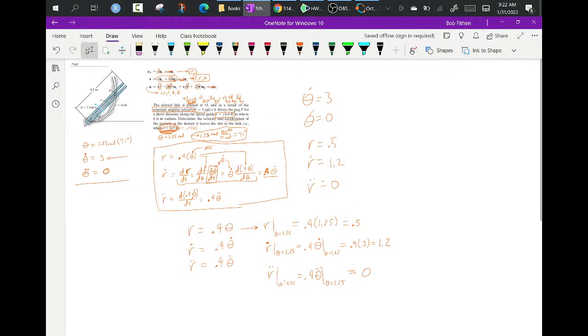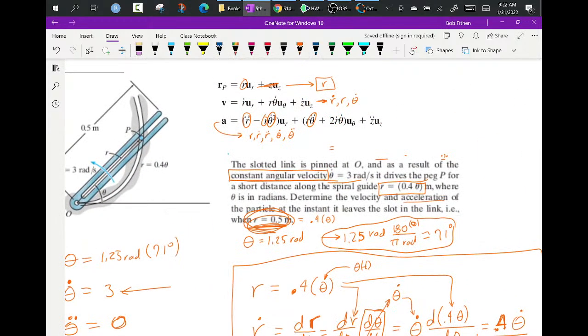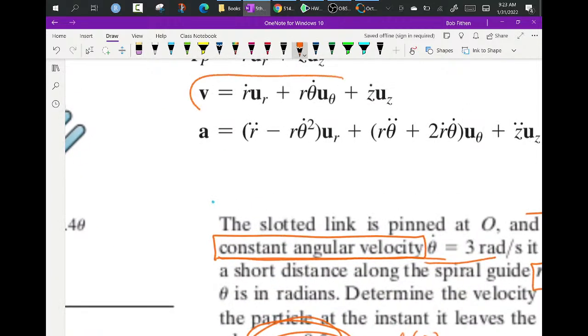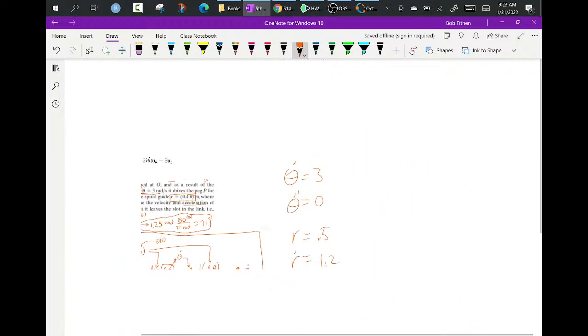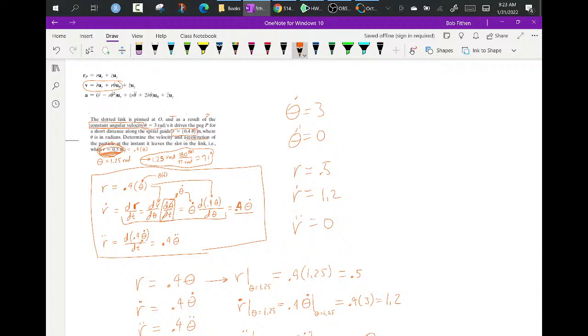Now, I'm going to go in here. Let me zoom in here. And let me get rid of this mess all over the place so I can just look at the equation and say, let's start with the V. So the velocity is equal to r dot ur plus r theta dot u theta.